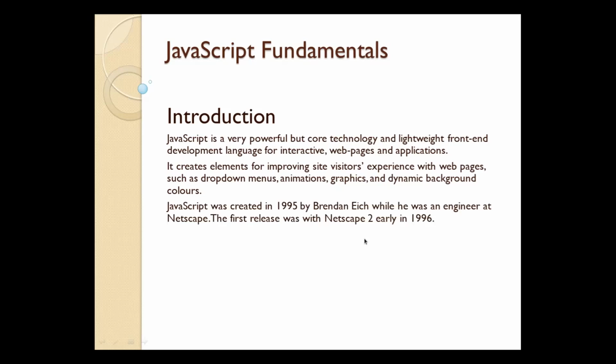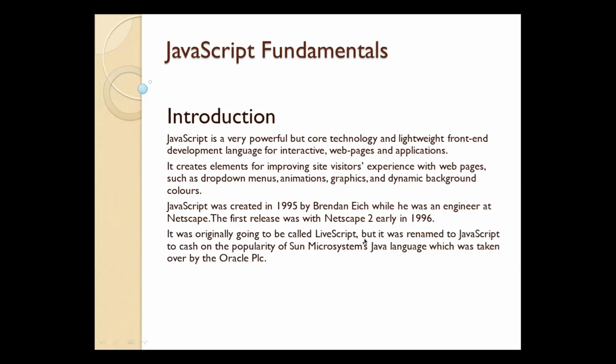JavaScript was created in 1995 by Brendan Eich while he was an engineer at Netscape. The first release was with Netscape 2 early in 1996. It was originally going to be called LiveScript, but it was renamed to JavaScript to cash in on the popularity of Sun Microsystems' Java language, which was taken over by Oracle.